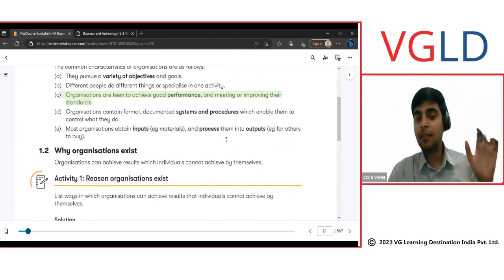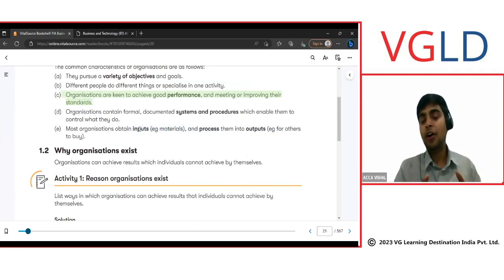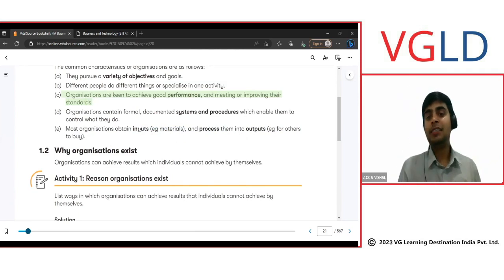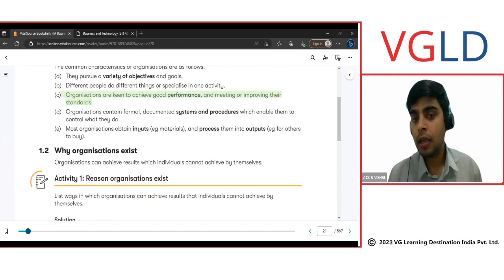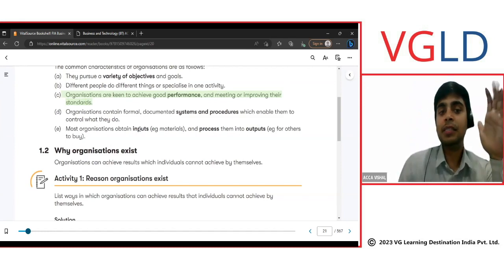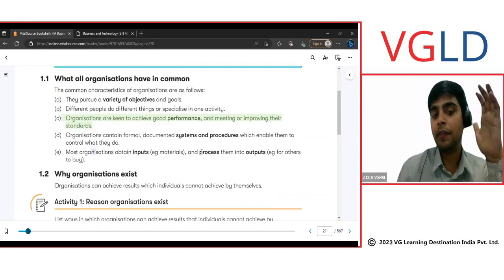That is something we will be discussing, so don't worry. But I just wanted you to understand that an organization, whether it's manufacturing or service, is simultaneously taking in input, processing it, and finally providing output to the end consumer. So this is one of the common characteristics of an organization.